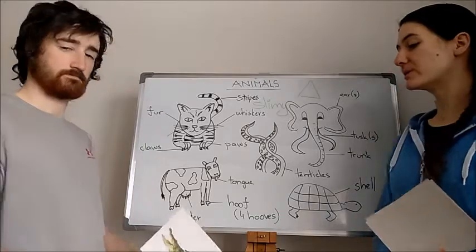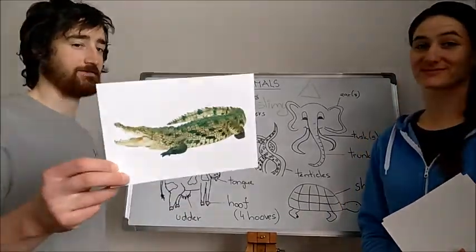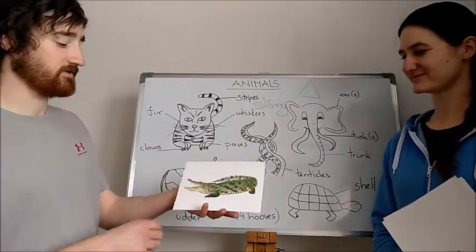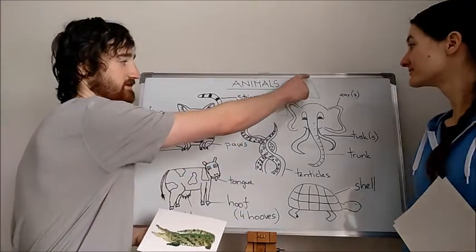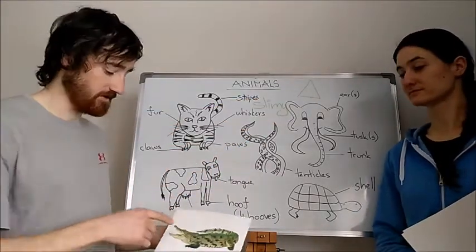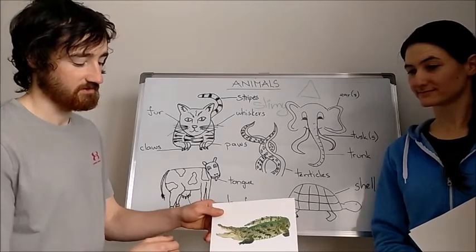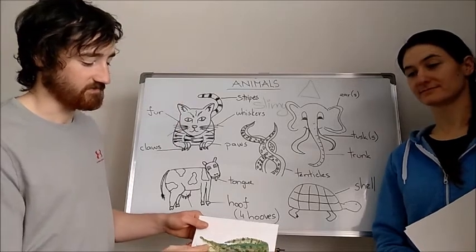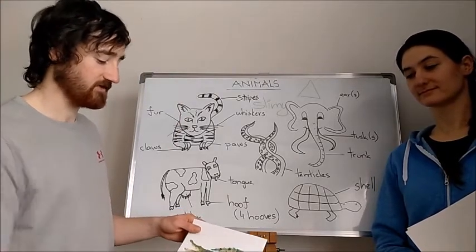What about your animal, Patty? So I have a crocodile. Alright. Crocodiles have, I'd say maybe a triangular shaped head. Perhaps. Triangular shaped head, if you look from above. He's got a long body, long tail.